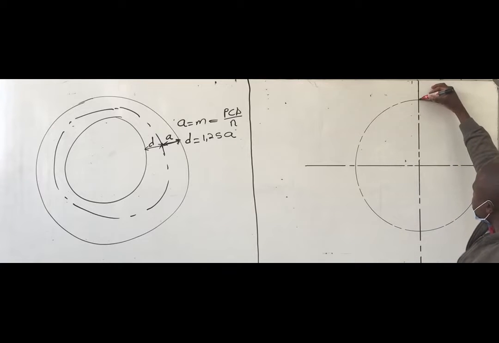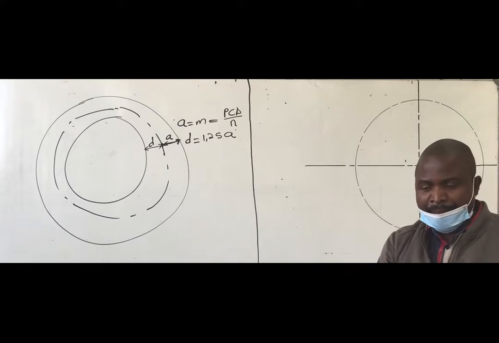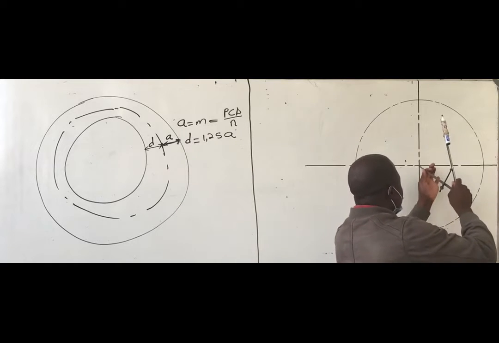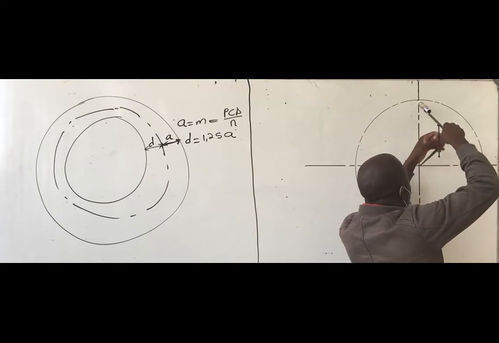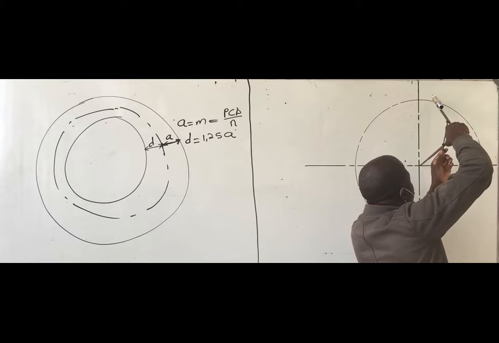From here, again, this is our addendum. You measure 10 from that position. After measuring 10, you take your compass from the center of your circle and open it up until that point.